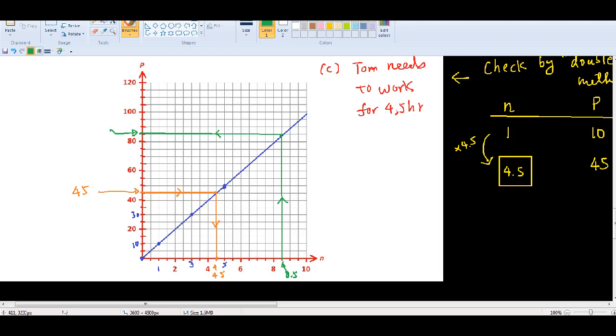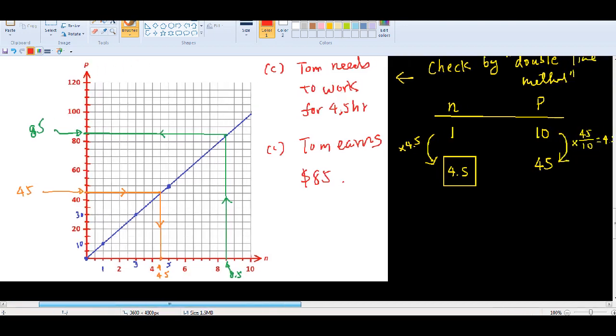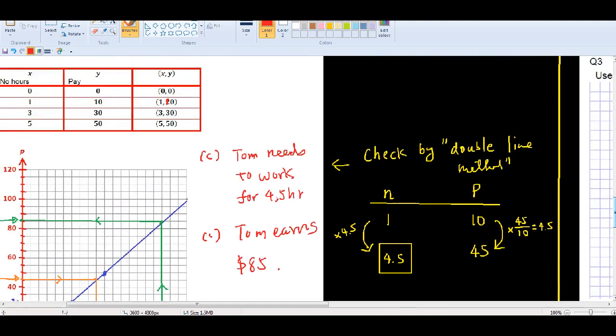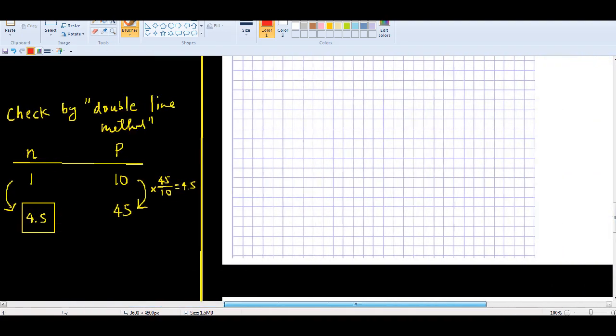It's halfway between 80 and 90, so it's 85. So our answer is Tom earns $85 if he works for 8.5 hours. I'm not going to check that with the double line method, but if you want to do so, you're welcome. The answer will be correct.